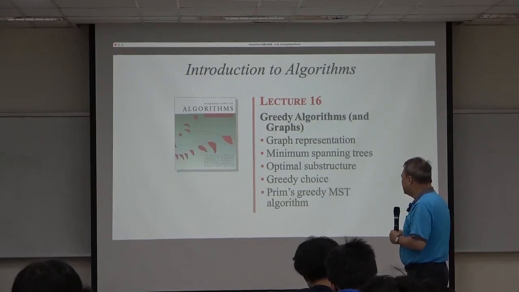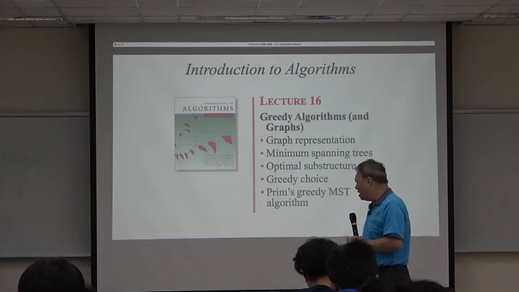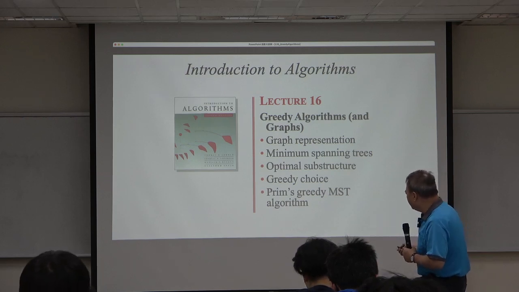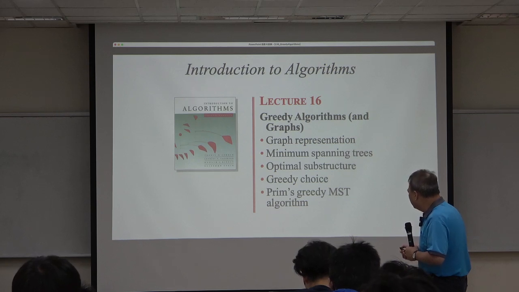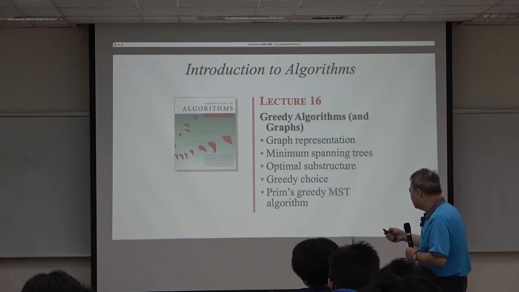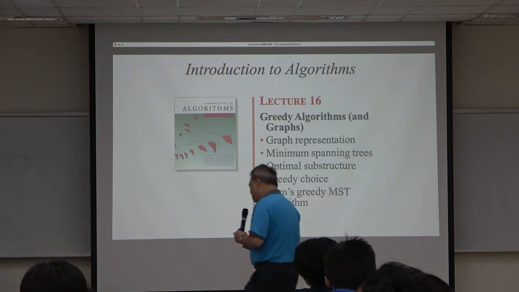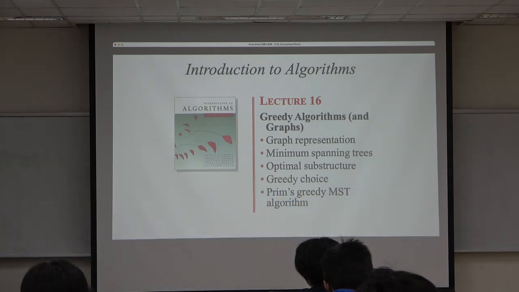Last time we finished dynamic programming, and we talked about greedy algorithms, and we talked about Prim's algorithm, how to use Prim's algorithm to find a minimum spanning tree from a connected graph.